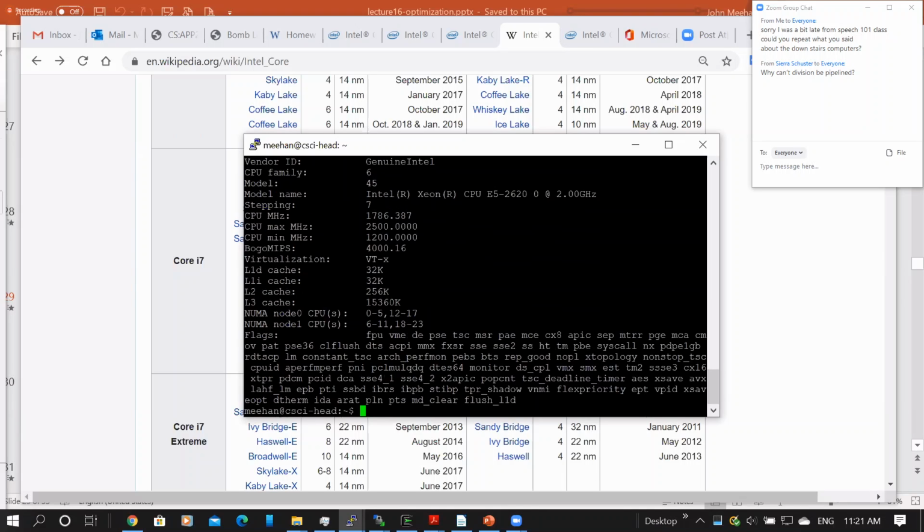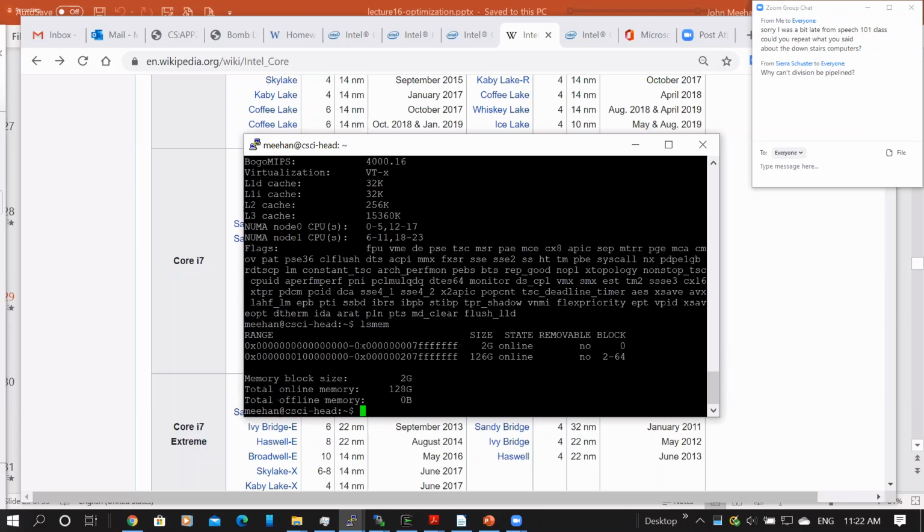In the clusters, you tend to use these processors with many more cores in them because it's high performance computing is what you're trying to do. And these machines also have gobs of memory on them, 128 gigabytes of RAM, for God's sake, compared to the lab machines.